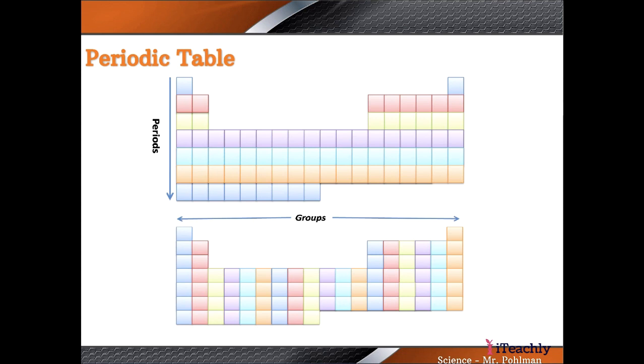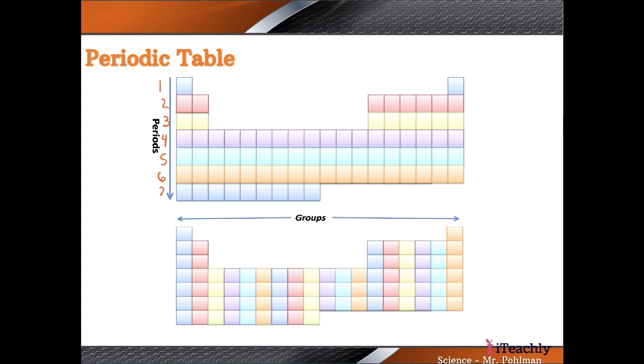What we have here would be our periodic table, and to make sure that you understand which are the periods and which are the groups and what we mean by each one of these: the periods are the different rows on the periodic table. You're going to find from top to bottom on the table, you're going to see them numbered on the left-hand side.